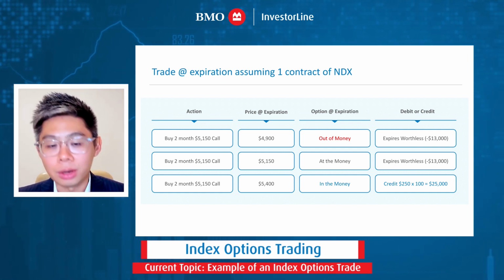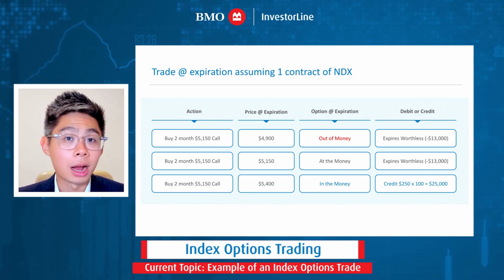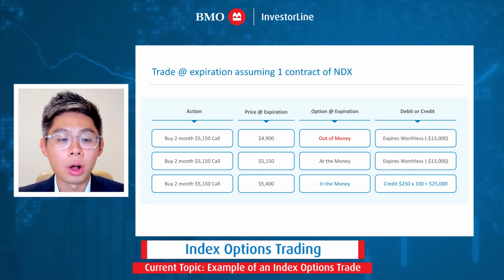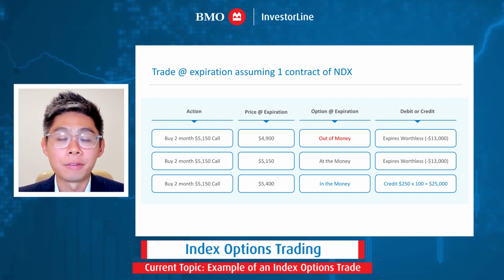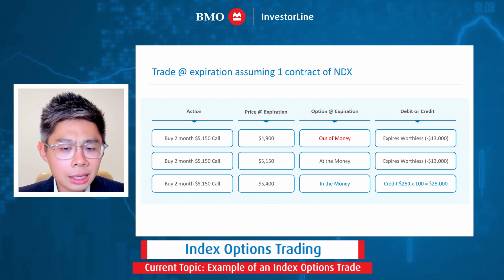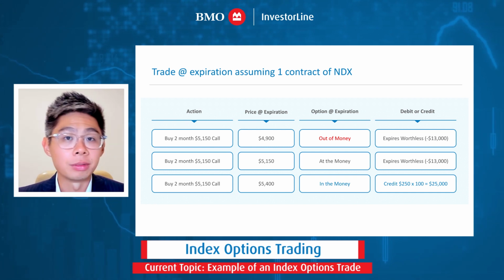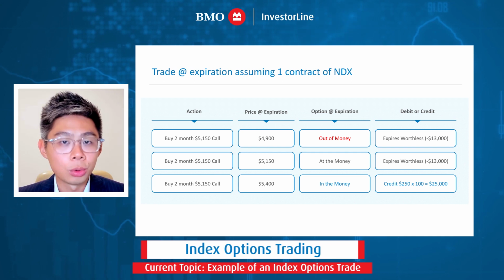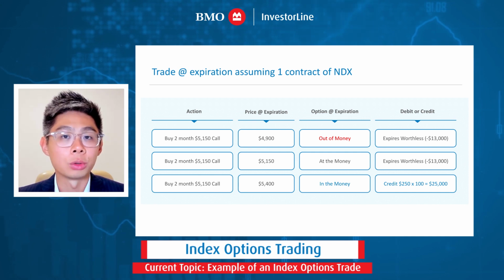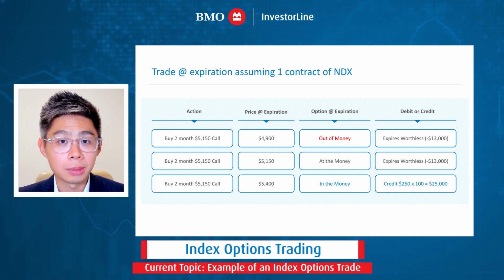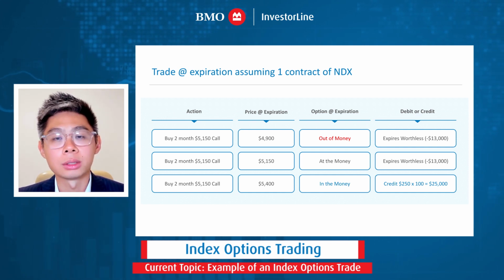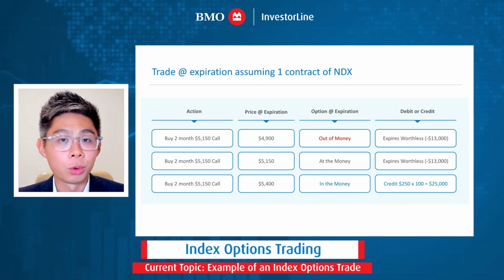Now, in the last scenario, let's say the index does rise, in this particular case, $250. Now, my call option that I've purchased at 5150 is in the money by $250. In this particular example, I will be credited $250 times 100, which is the multiplier for the index option, which means that I will be credited $25,000 into my account for this trade.